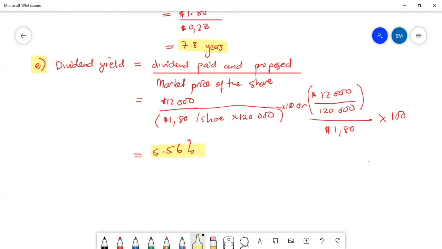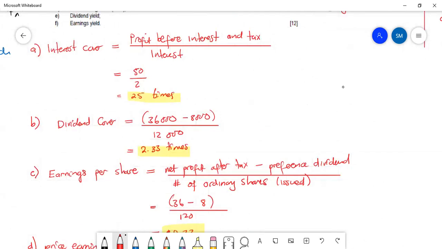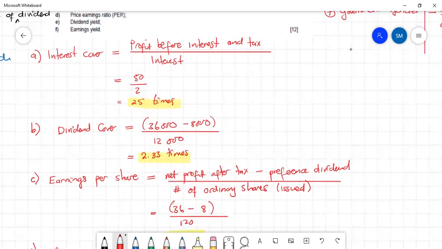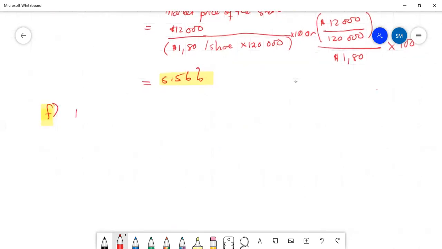So we do the last one. They want us to calculate the earnings yield.